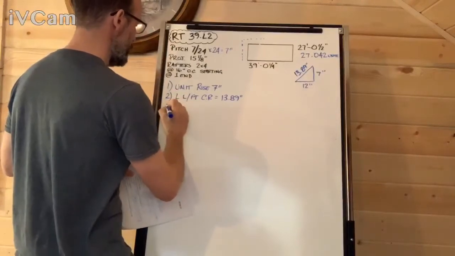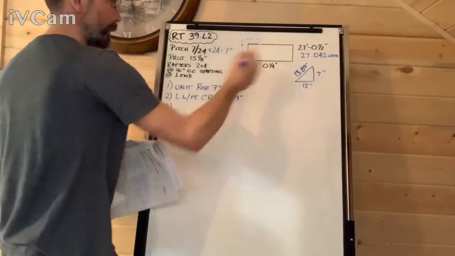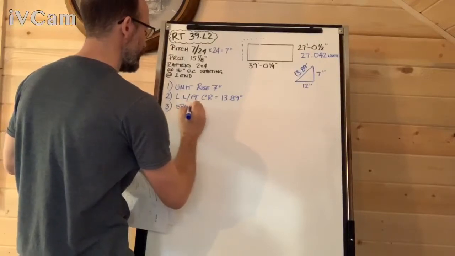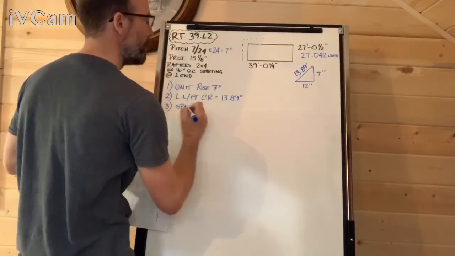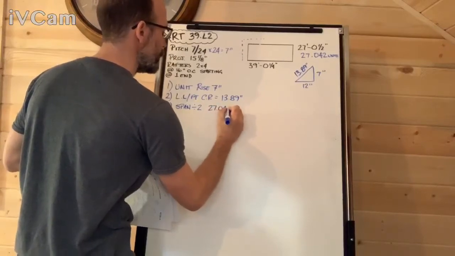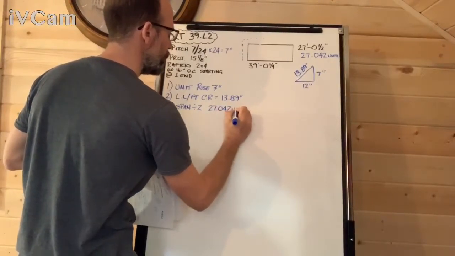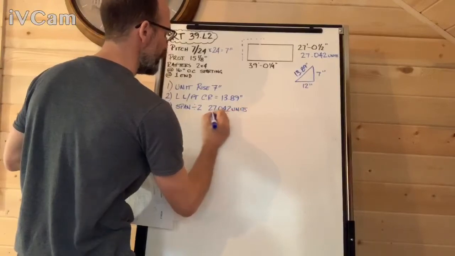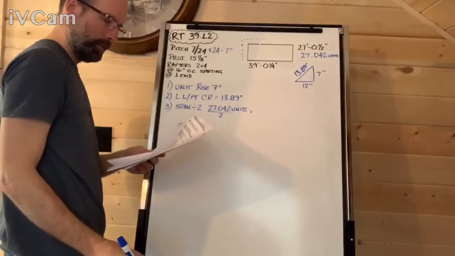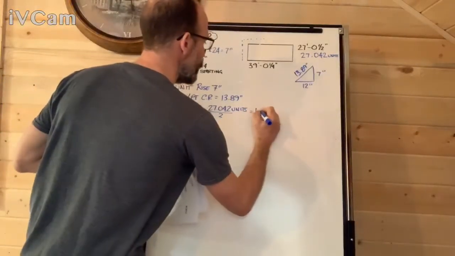So for number three, we're going to take our span, 27.042 units, and we're going to divide it by 2. Divide that by 2 will give us our run of 13.521 units.